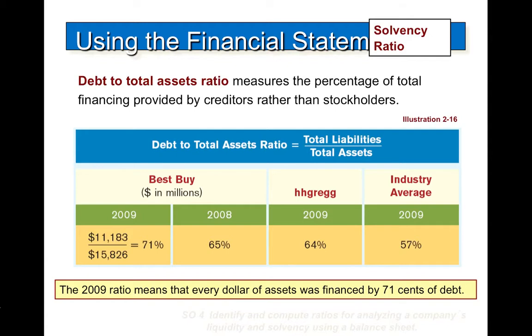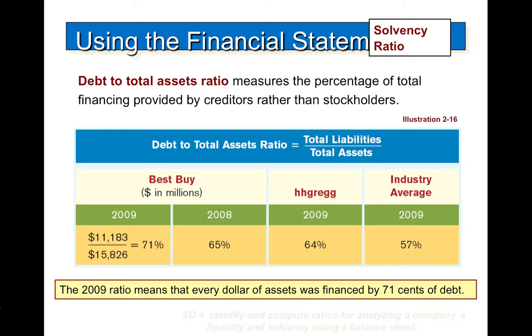This means the company has a lower equity buffer available to creditors if the company becomes insolvent. Thus, from the creditor's point of view, a higher ratio of debt to total assets is undesirable. Best Buy's solvency appears lower than H.H. Gregg's and lower than the average company in the industry. The adequacy of this ratio is often judged in the light of the company's earnings.